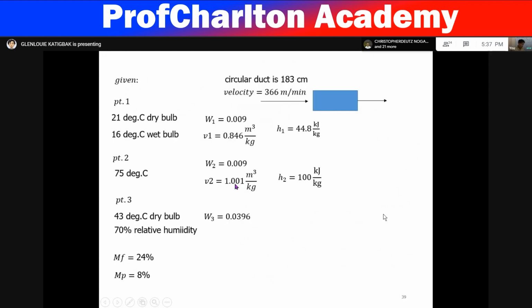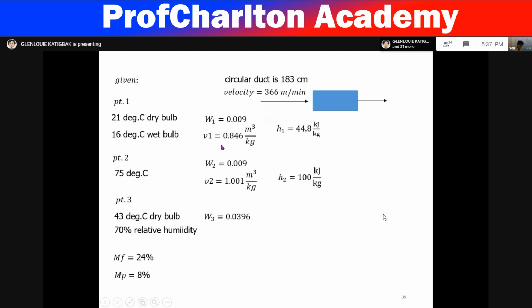So, this is the given. At point 1, 21 degrees dry bulb and 16 degrees wet bulb. Point 2, 75 degrees. Then at point 3, the discharge is 43 degrees dry bulb and 70% relative humidity.